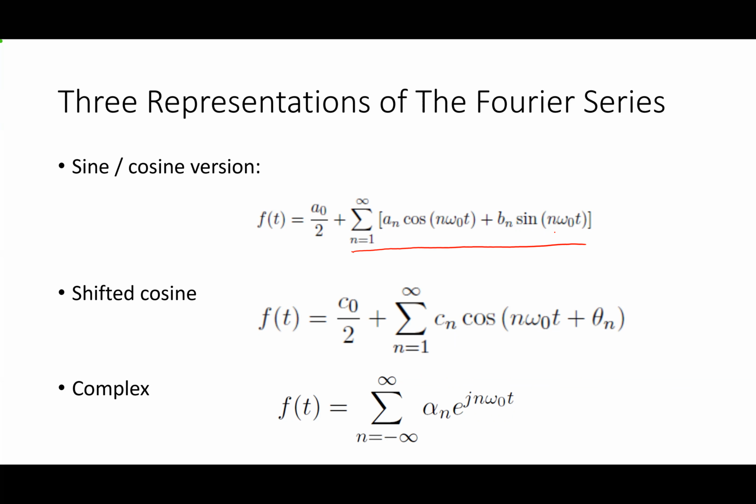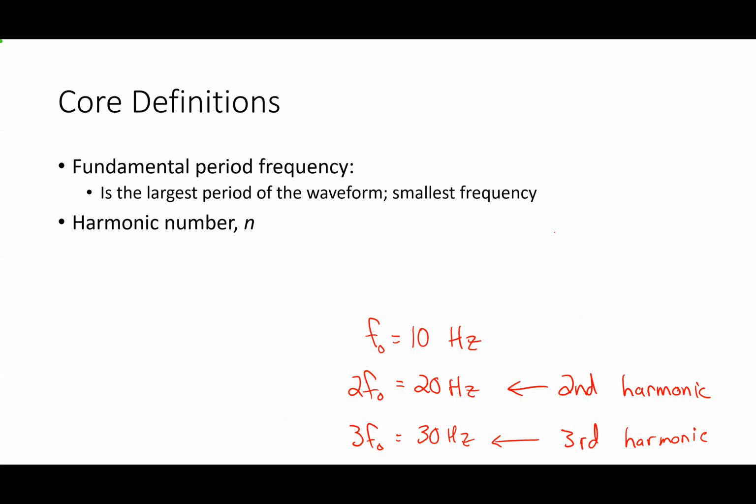The frequencies are harmonically related, which means they're evenly spaced, integer multiples of each other. So if I have a fundamental of 10 hertz, then the second harmonic is 20 hertz, and the third harmonic is 30 hertz.